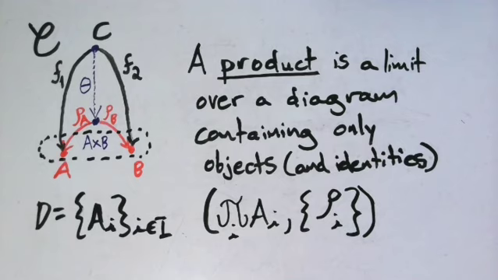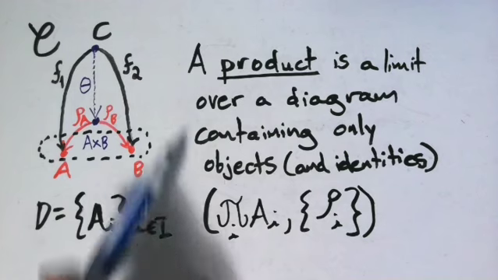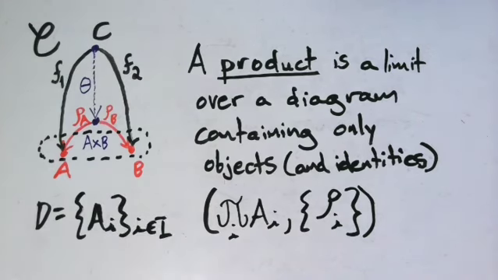So it may not be the case in an arbitrary category that a certain family of objects has a product within the category, because obviously it's not easy to satisfy this definition necessarily. So there's a good chance that it might not have a product within the category. But in categories where any arbitrary family has a product, then we call it a category that has products.